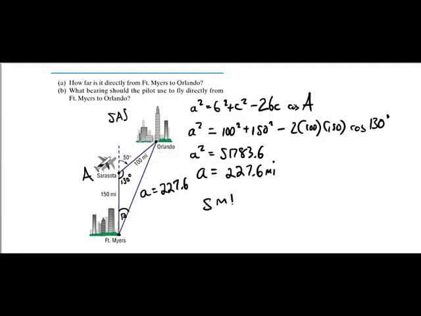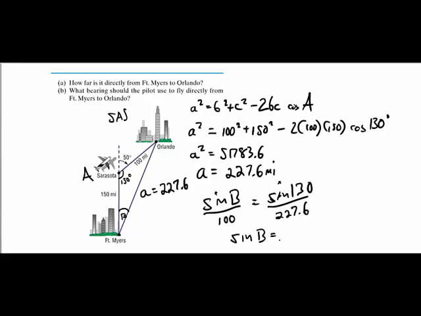Because if I go the sine of B, which we're trying to find, the angle B, over 100 is equal to the sine of 130 divided by 227.6, we're now going to cross multiply. 100 times the sine of 130 degrees divided by 227.6. Please make sure your calculator is in degree mode.